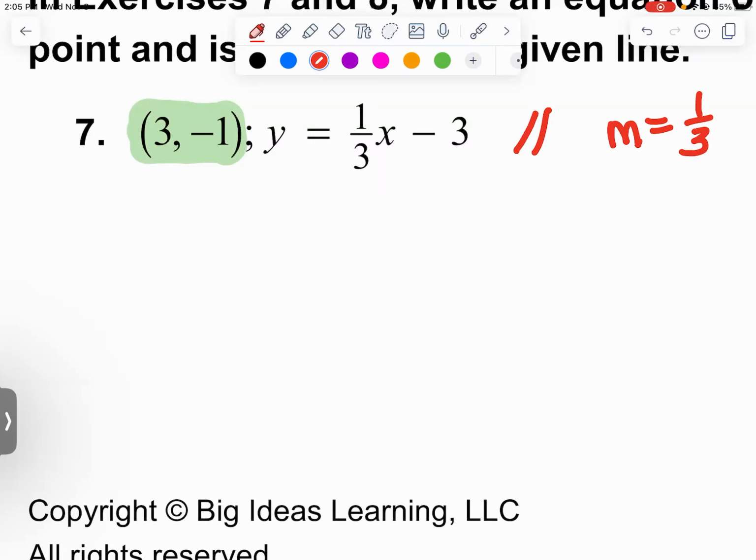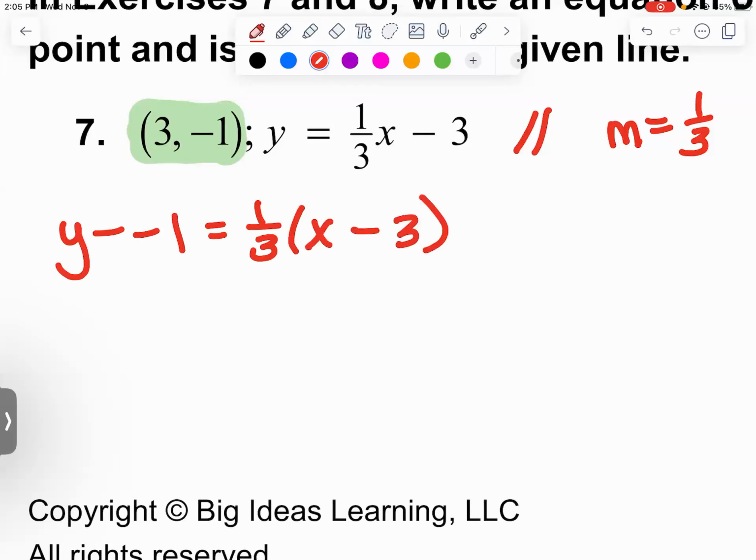Can we write the equation of our line? Yeah, we have something called point slope form. That's what you just took a quiz over. y minus y1 equals slope times x minus x1. Isn't that what we just did?